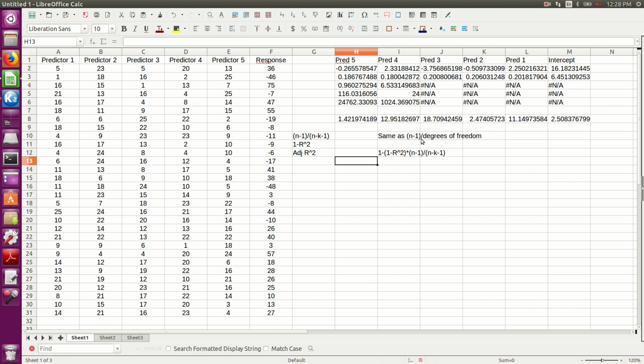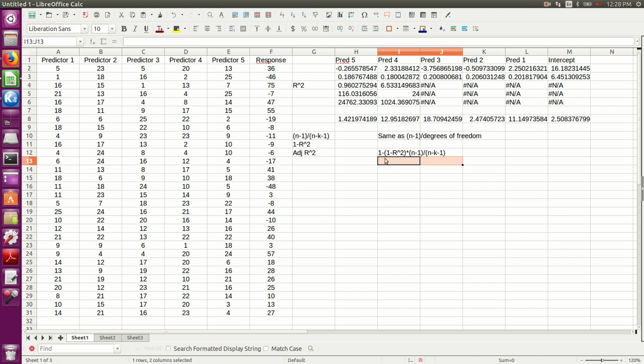And so now we want to look at adjusted R squared. So up here is our R squared. To get adjusted R squared, we use this formula here, the one right above where I've highlighted.